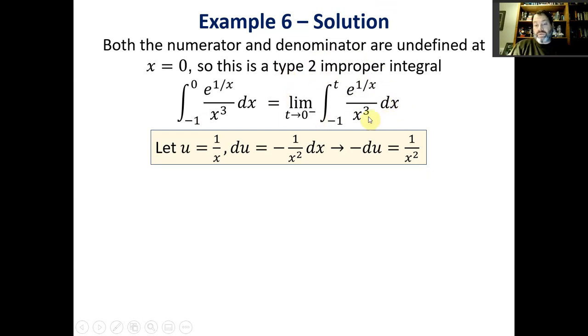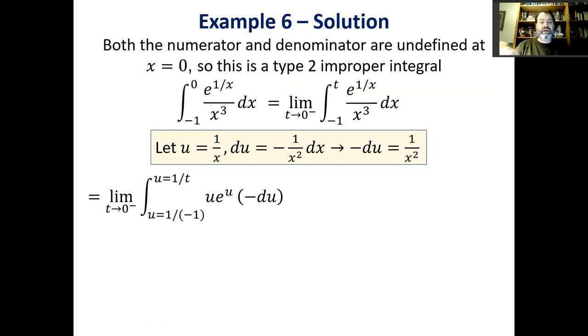When you plug all of this u substitution in, you just get e to the u times du, and it's negative du, so the negative is going to come to the front. Don't forget to change the limits of integration. You have to plug those into this function, so plug in -1, and then plug in t. So it simplifies to this, and then we just go ahead and do the integral.